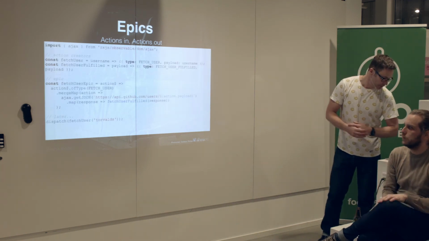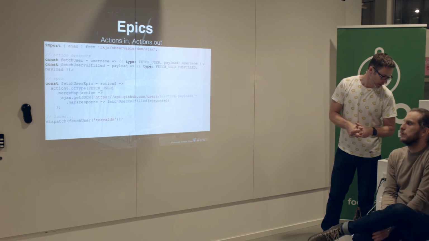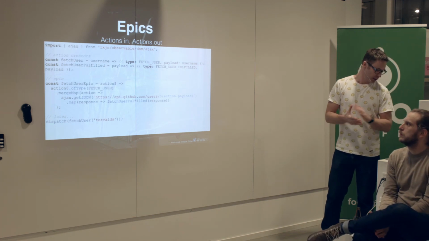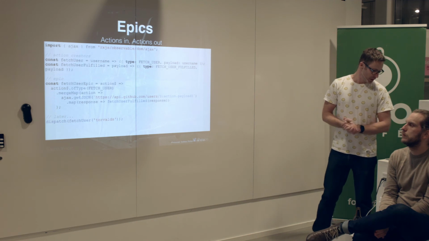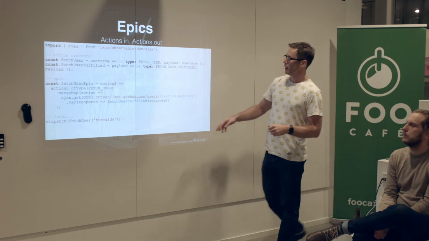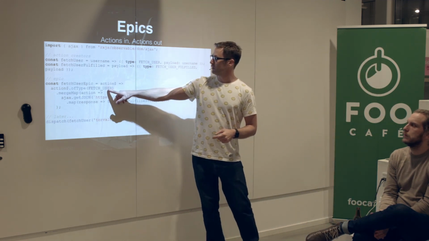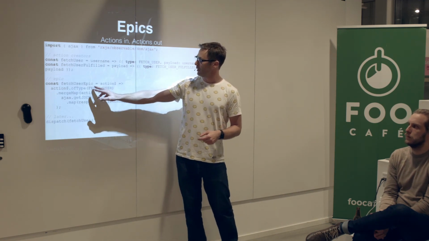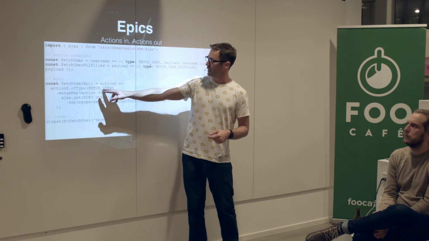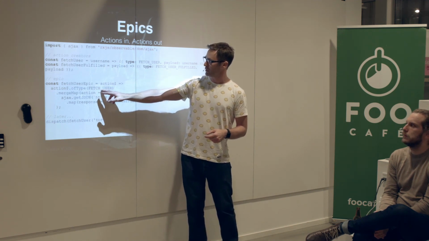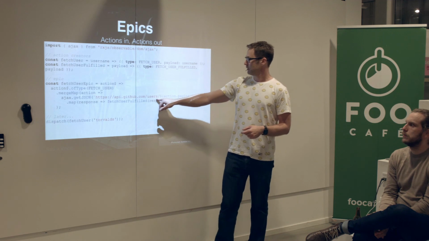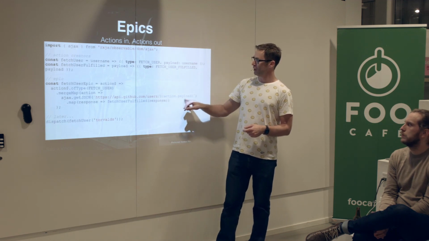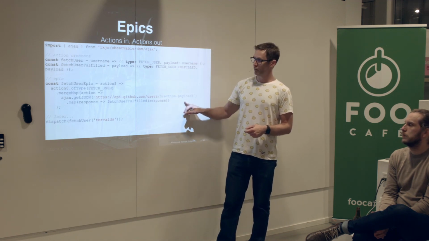So here we have an async call, which listens on the type fetch user, and every time this action is emitted, it calls this async call with the payload that's in the action.